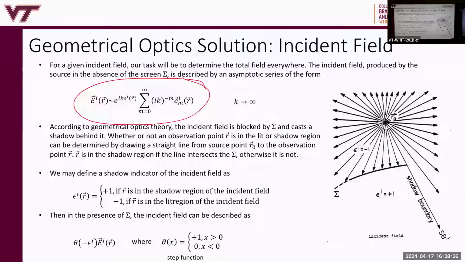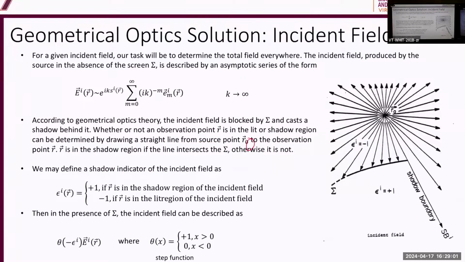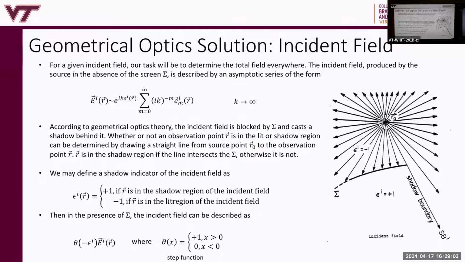All right. According to geometrical optics theory, the incident field is blocked by sigma and casts a shadow behind it. So here, all back here, is zero field, right? Whether or not an observation point R is in the lit or the shadow region can be determined by drawing a straight line from the source point R naught to the observation point R, right?